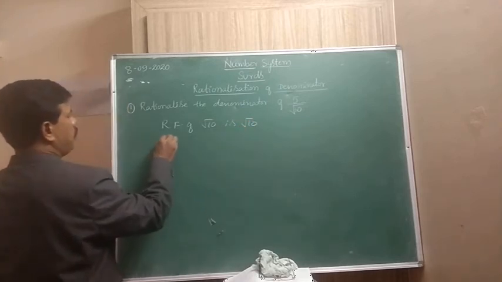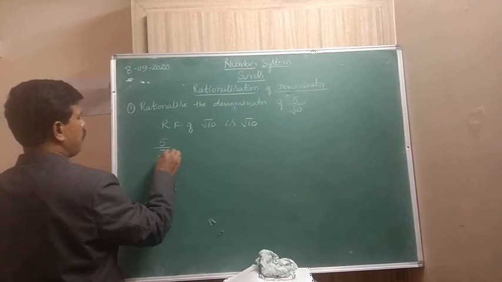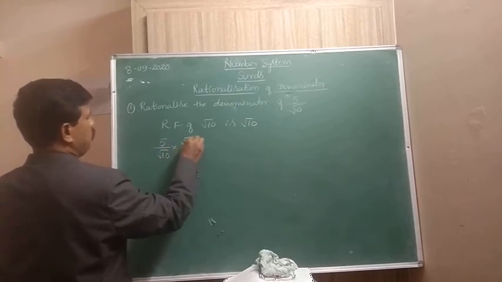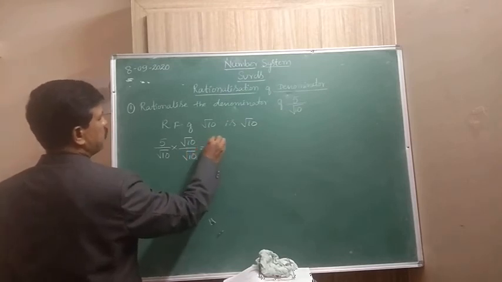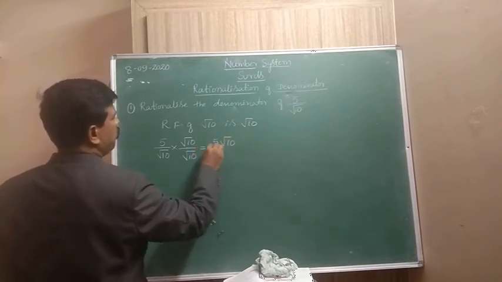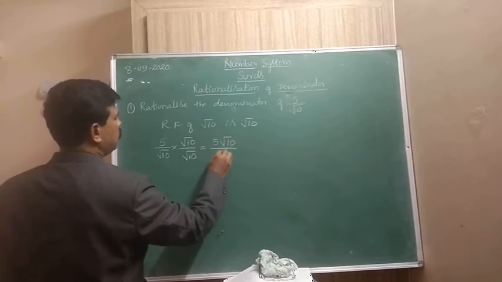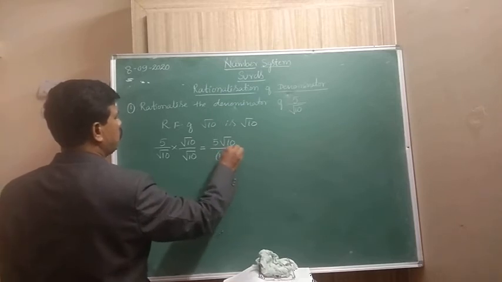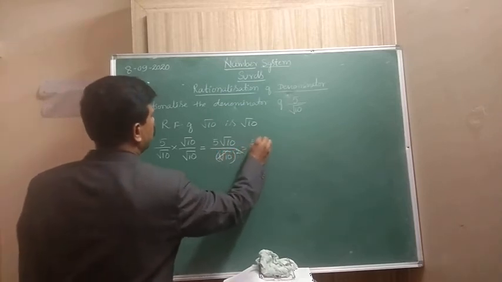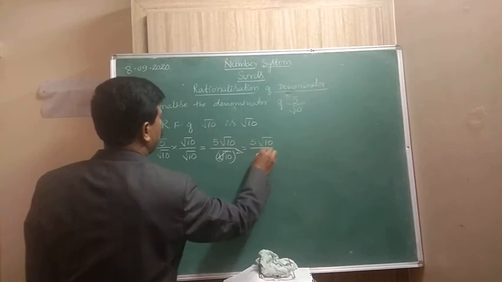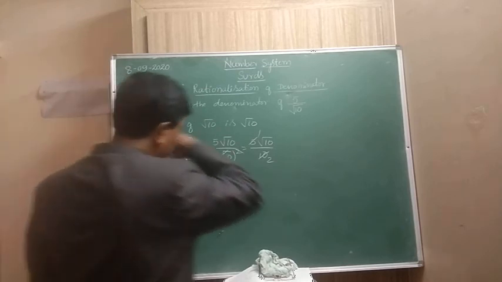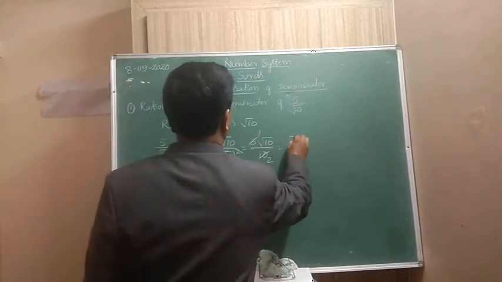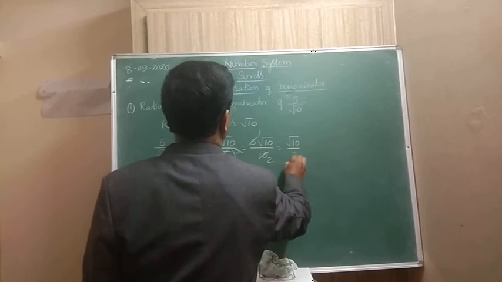Then 5 by root 10 into root 10 by root 10, both numerator and denominator multiplied by this. Then this is 5 root 10 by root 10 whole square. Square and square root cancel. Then this is 5 root 10 by 10. 5 ones are 5, 5 twos are 10. Then this is root 10 by 2.